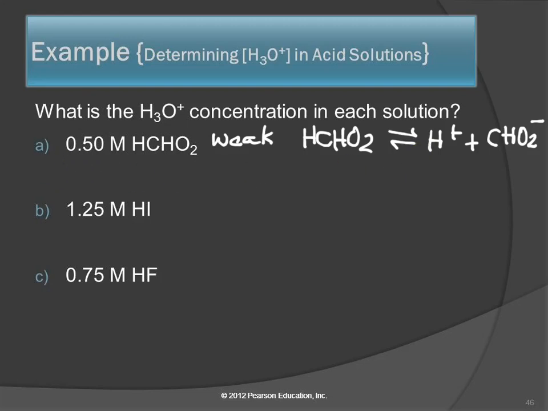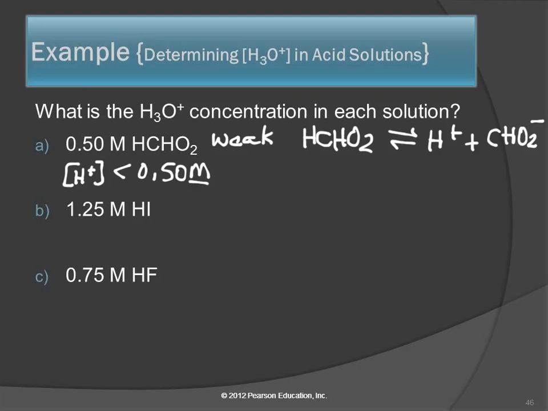So if it's a weak acid, the hydronium ion concentration, or the hydrogen ion concentration, we use them interchangeably, does not equal but is less than 0.5. If it was a strong acid, it would be equal because all of the acid would come apart into ions. How about HI, strong acid or weak acid?